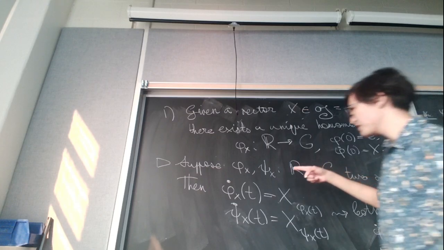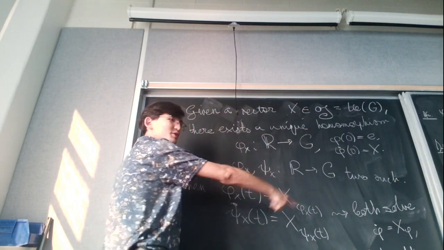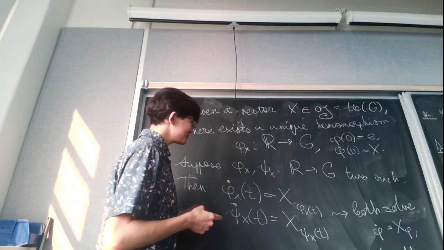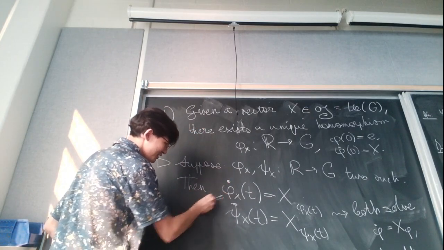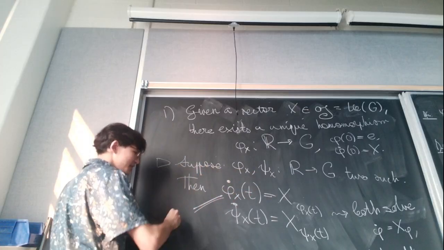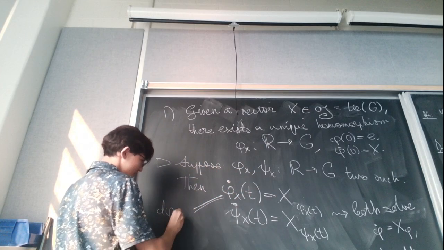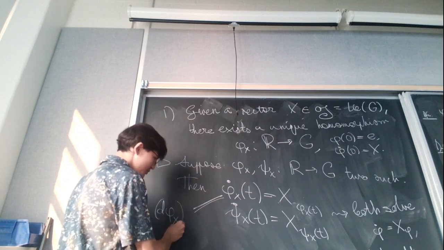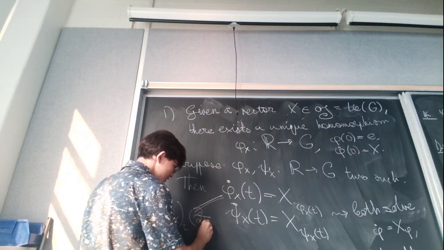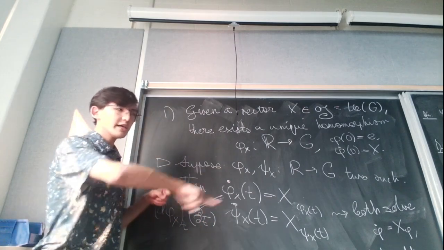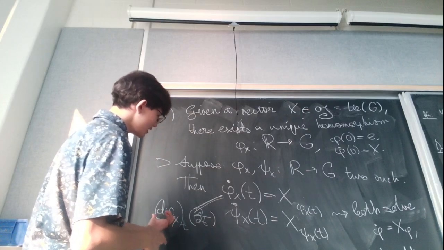Right, except maybe you're wondering why they both solve this equation, and that is because what is this phi dot x of t? It's d phi x at the point t of the vector d/dt in the line, right?